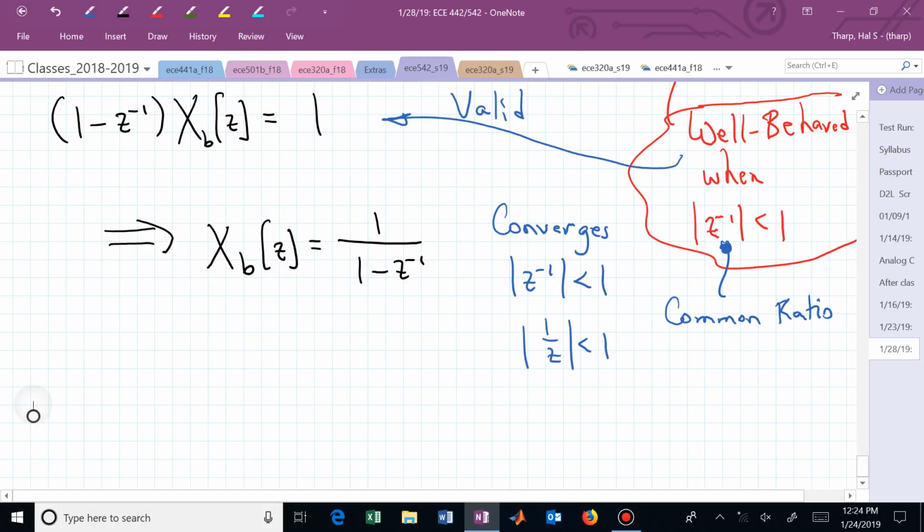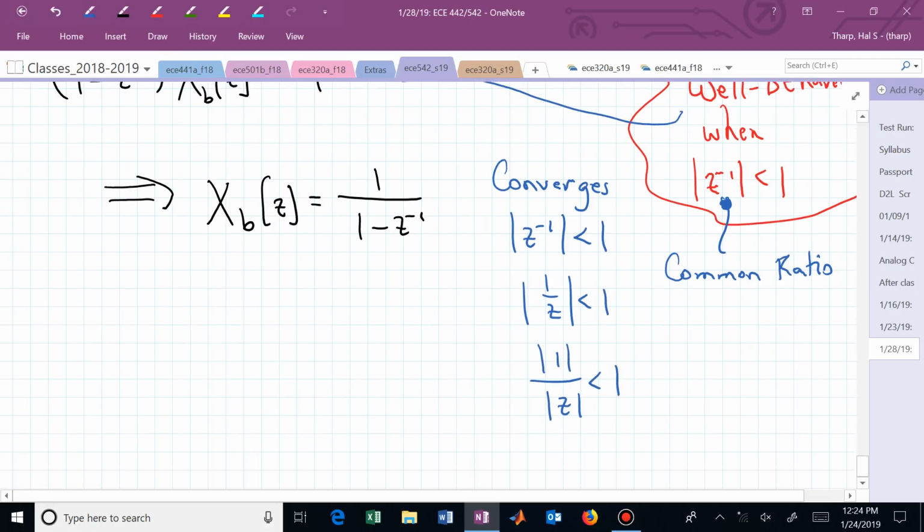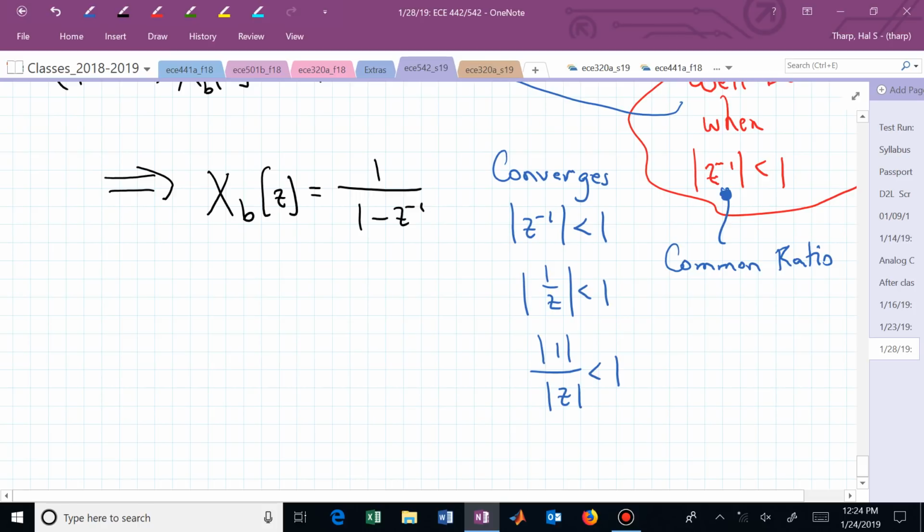So this is now the ratio of 1 over the magnitude of z, and now we can multiply both sides by the magnitude of z, and we see that as long as the magnitude of z remains bigger than 1, then we will have this expression, capital X sub b of z, converging or true.